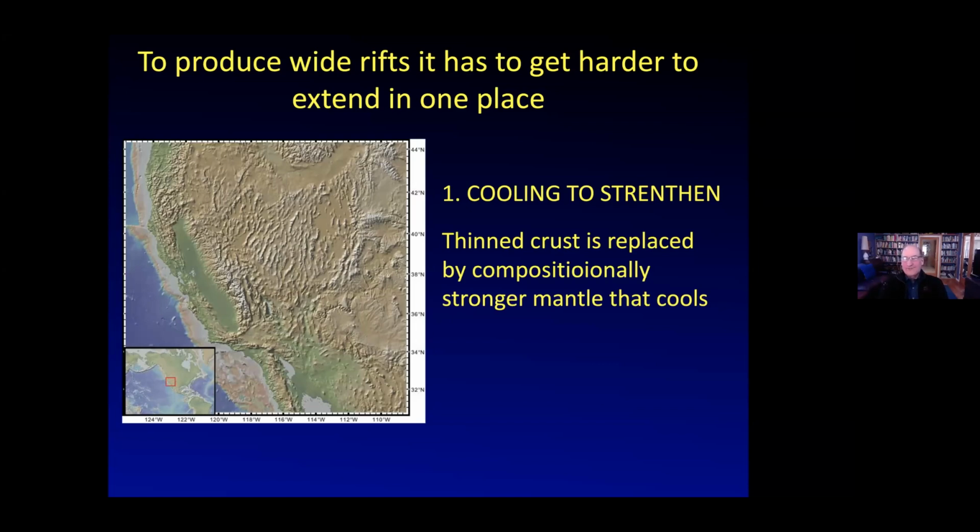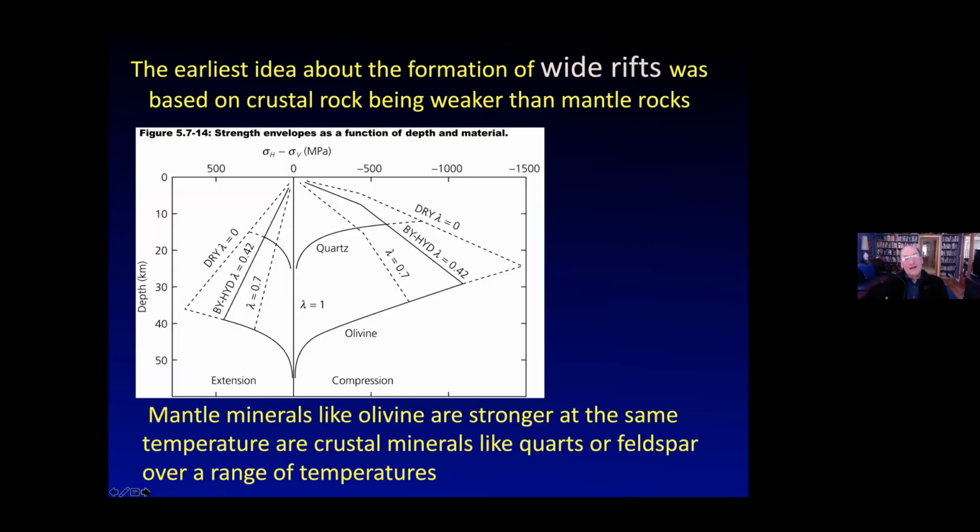And part two is that if you have stretching that's slow enough to allow cooling to basically take the mantle that you've added to replace the crust and make it cold and strong. So it's based on this idea. This is a little bit complicated yield strength diagram, but just that a crustal material like quartz could be intrinsically weaker, could flow for a given geotherm at very shallow depths, whereas olivine, a constituent in the mantle, might be considerably stronger.